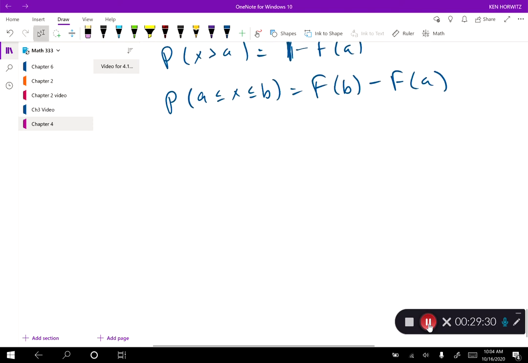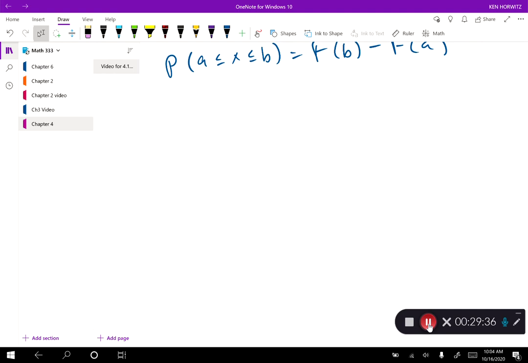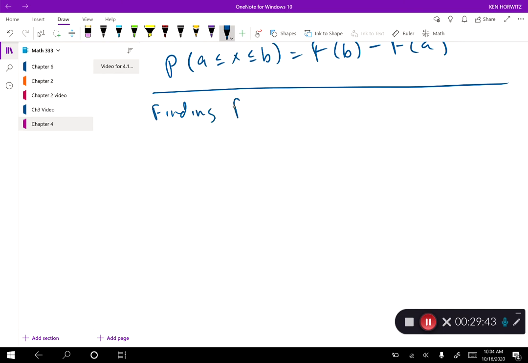All right, so I got one more thing that I would like to talk to you about, and that is finding percentiles. This is something that could come up. All right, so I think it's best explained by maybe trying to do one or two examples.